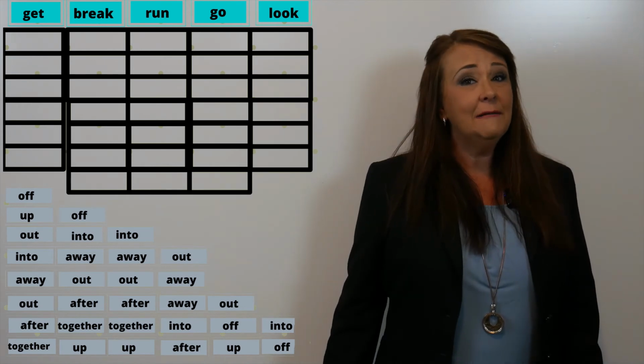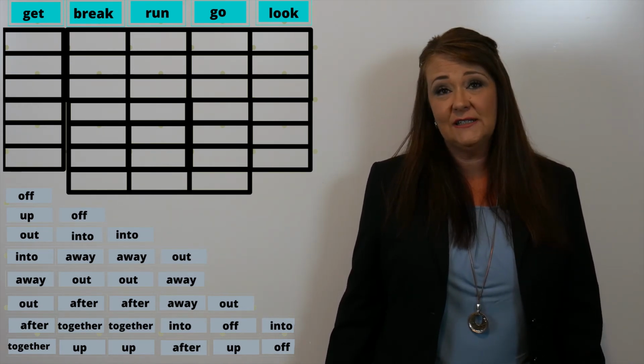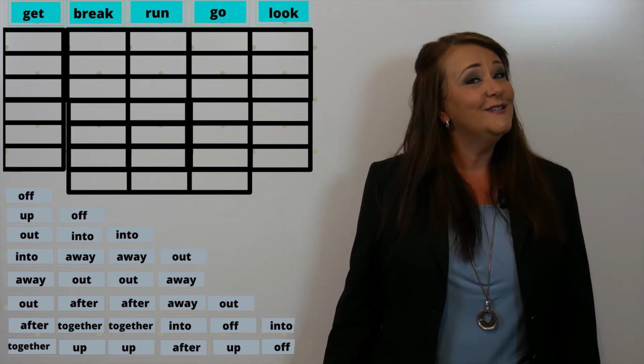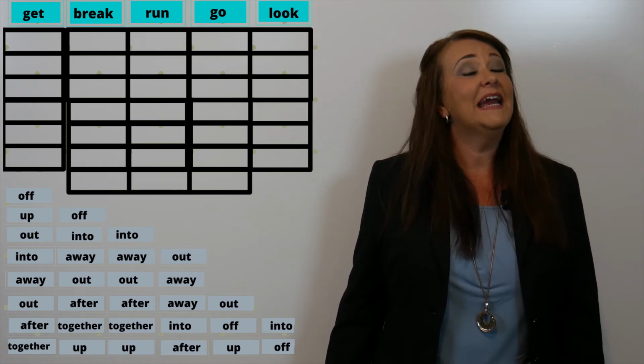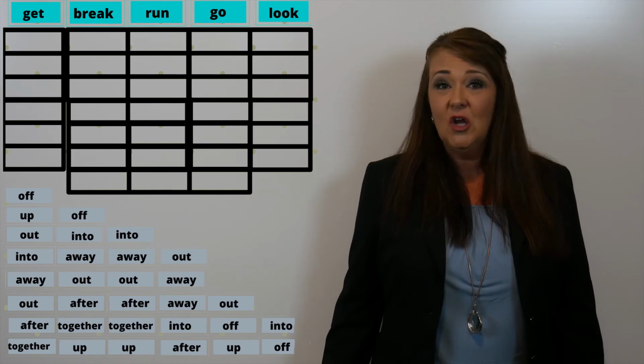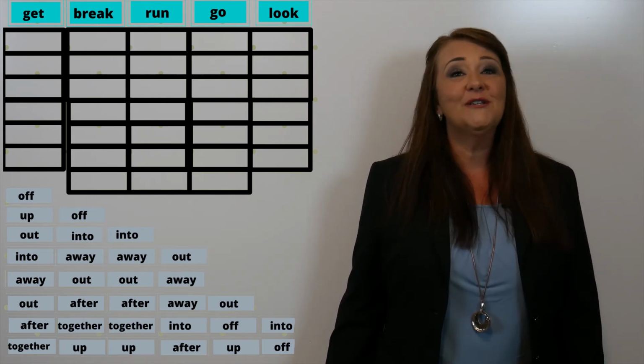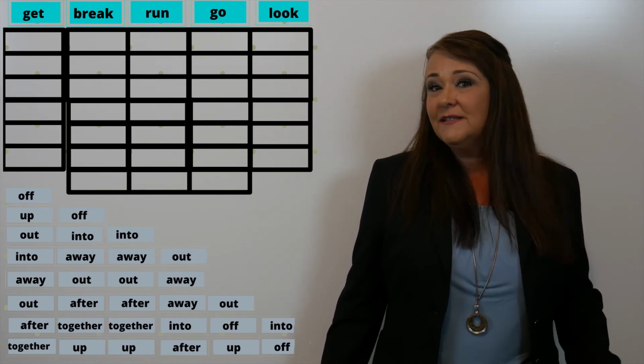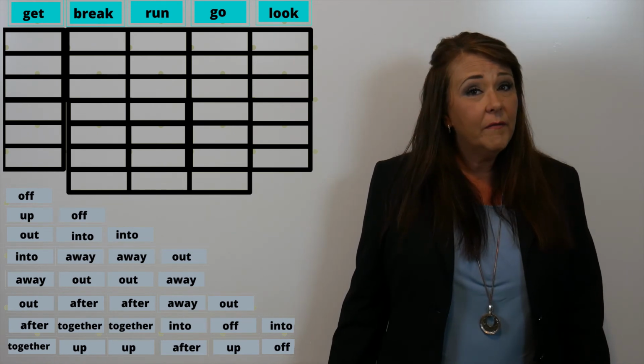Below, you'll see many prepositions. What I'd like you to do is try to make as many phrasal verbs as you can using the verbs above and the prepositions below.